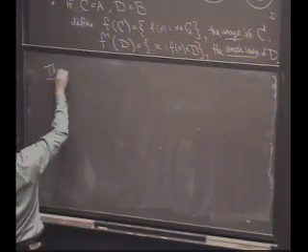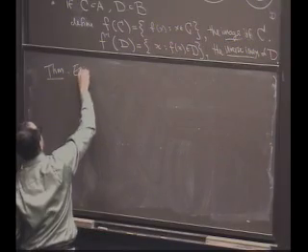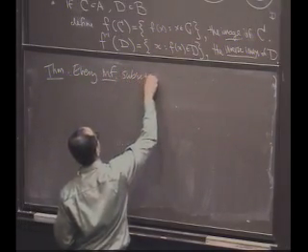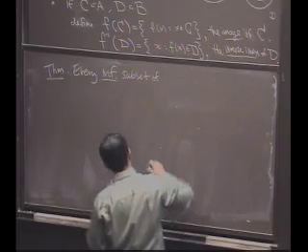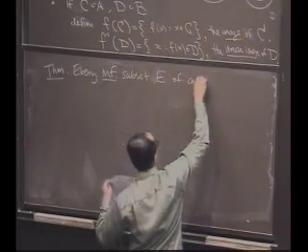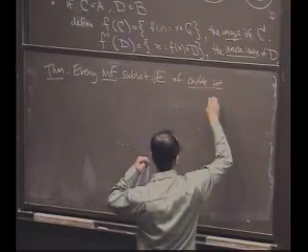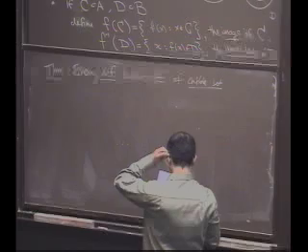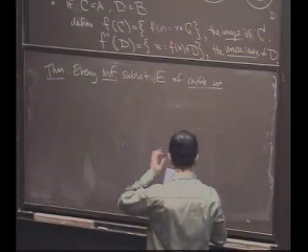So here's a theorem. Every infinite subset, let's call it E, of a countable set is countable. So let's call the countable set A.